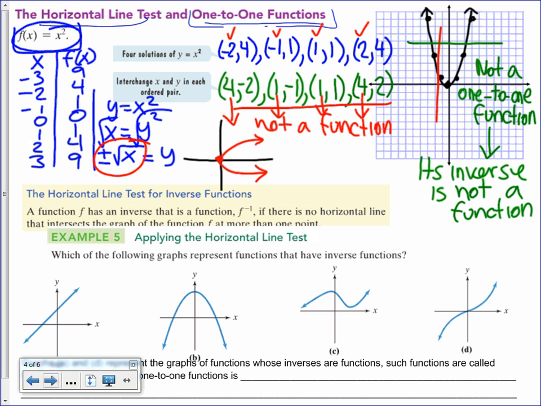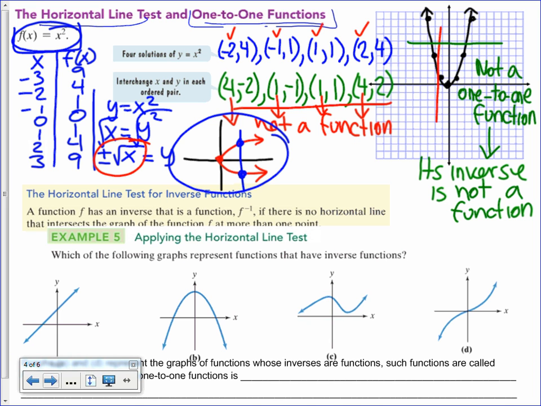So now, if we know that's the inverse, correct? If we do a vertical line test on the inverse, it will obviously not pass it, correct? We'll touch 2 points. Of course, you don't need to do all this stuff because we have something called the horizontal line test, and that will tell you immediately that the inverse will not be a function.